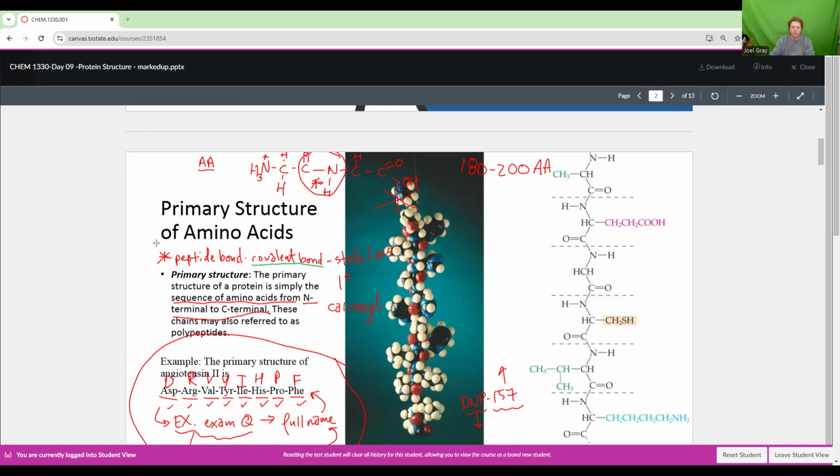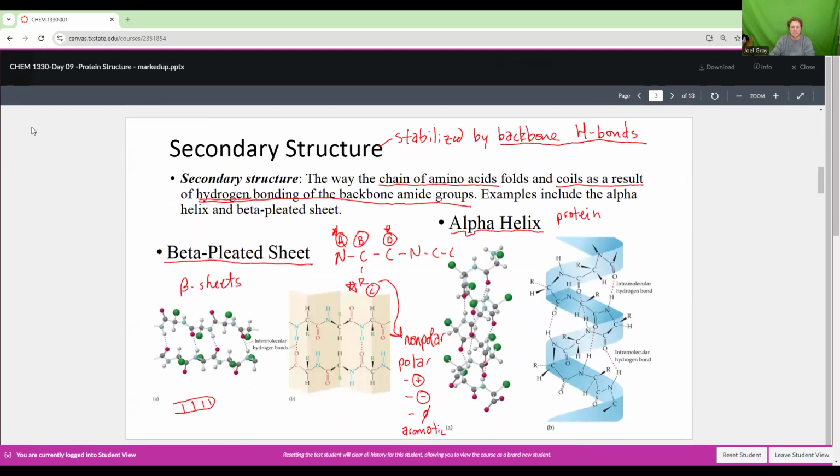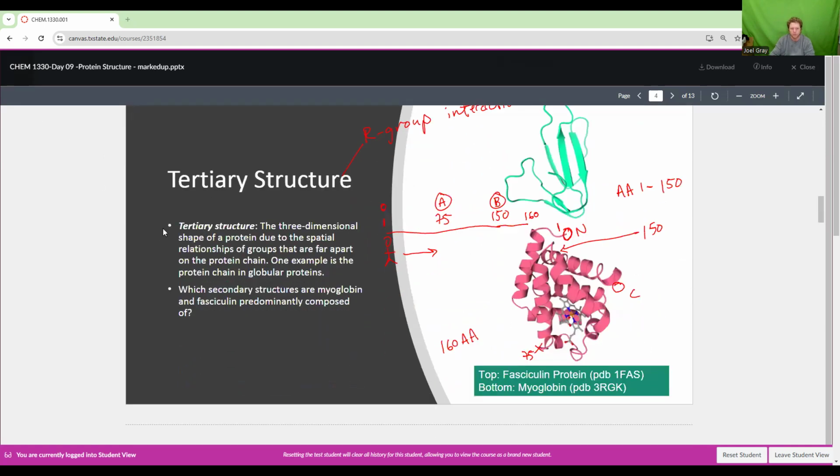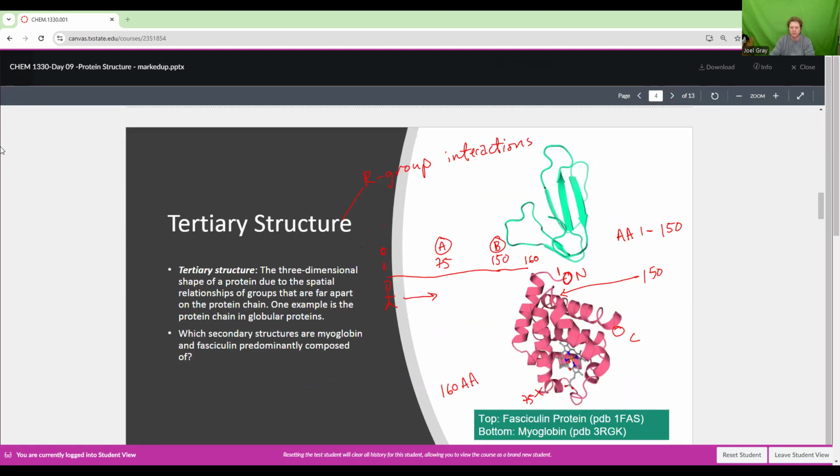For example, a peptide or covalent bond stabilizes the primary structure. Then the secondary structure is stabilized by hydrogen bonding. Then our tertiary structure, simply put, is stabilized by R group interactions.